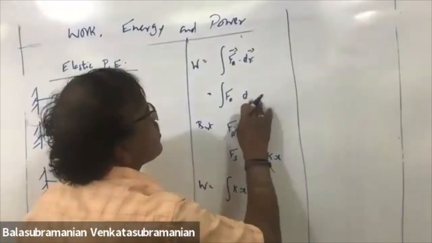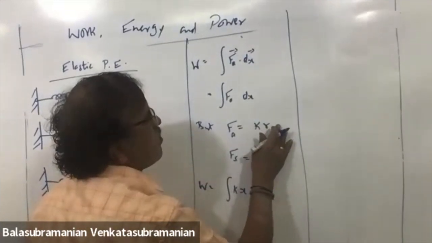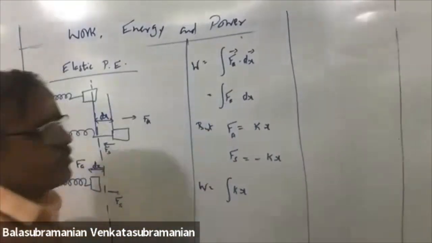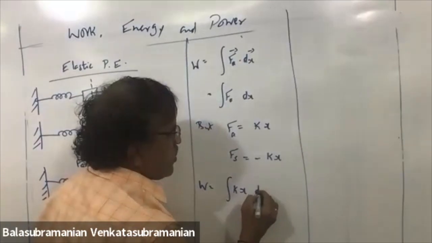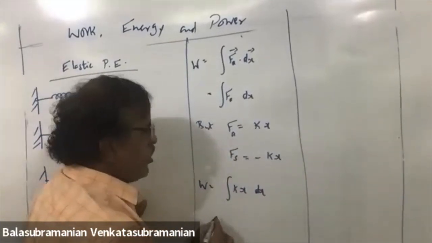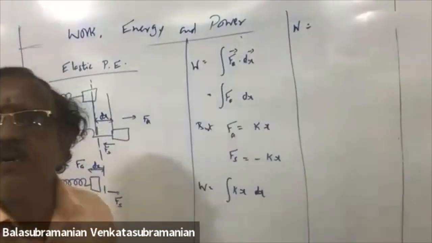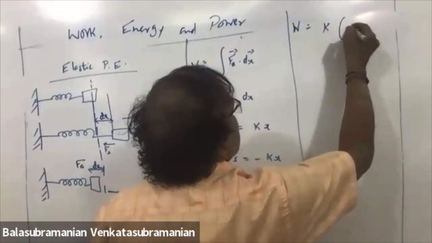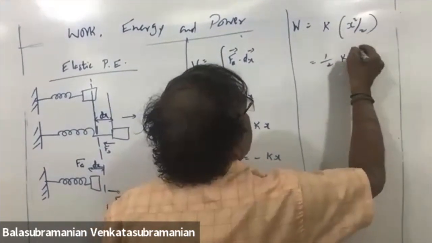Can you write dx? Okay, so kx dx. So W is equal to, what is the formula? k you take it outside, x squared by 2, half k x squared.